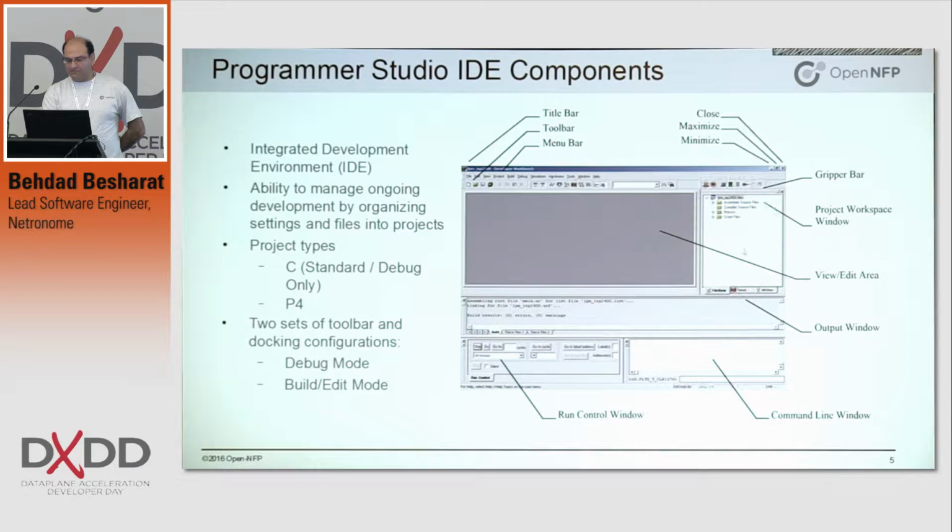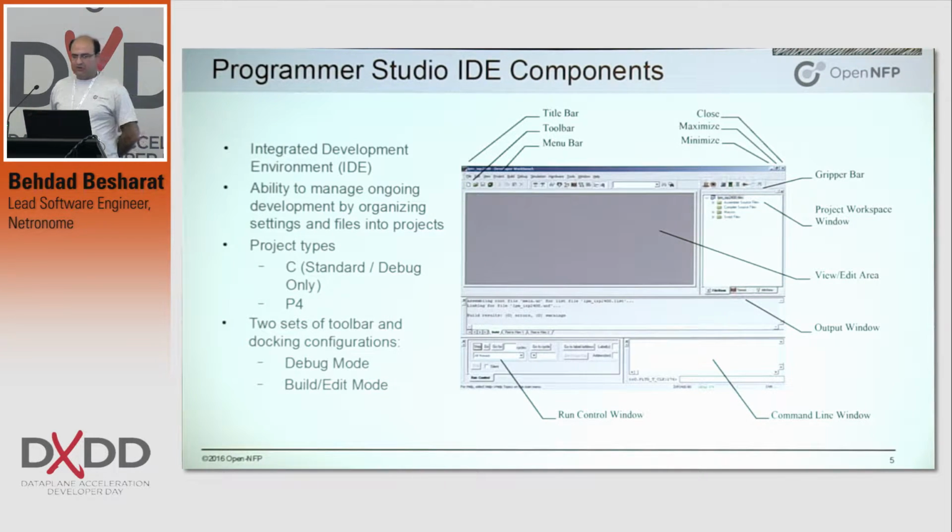This area gives you the ability to manage your projects because it's a project-based IDE. So you can take a snapshot of your project at different stages of your development, and you can refer back to it if you need to. So it helps with organizing and developing ongoing projects.